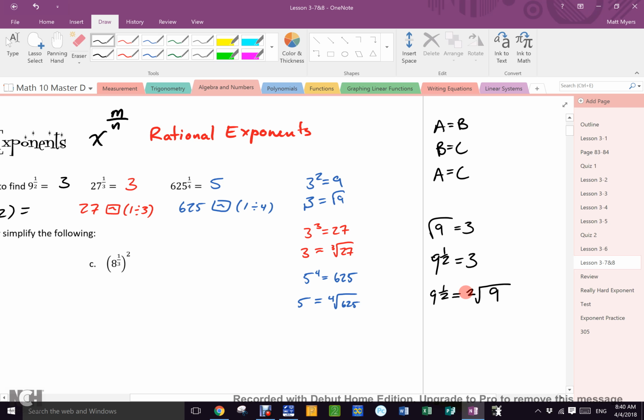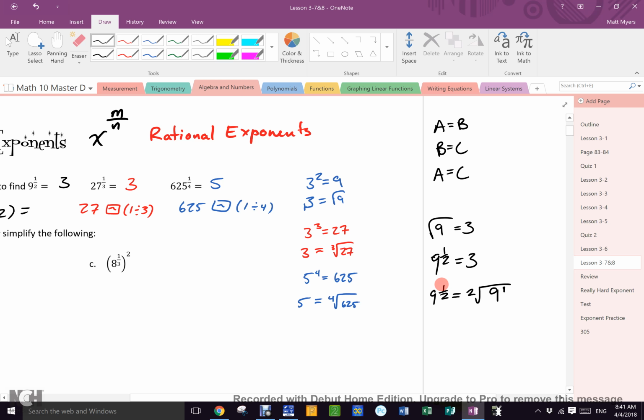Now, look closely. What do you see right there in the index? A 2. What do you see right there in the rational exponent? A 2. What should you see right there with the 9? But we don't write it. What's the exponent always that we don't write? 1.